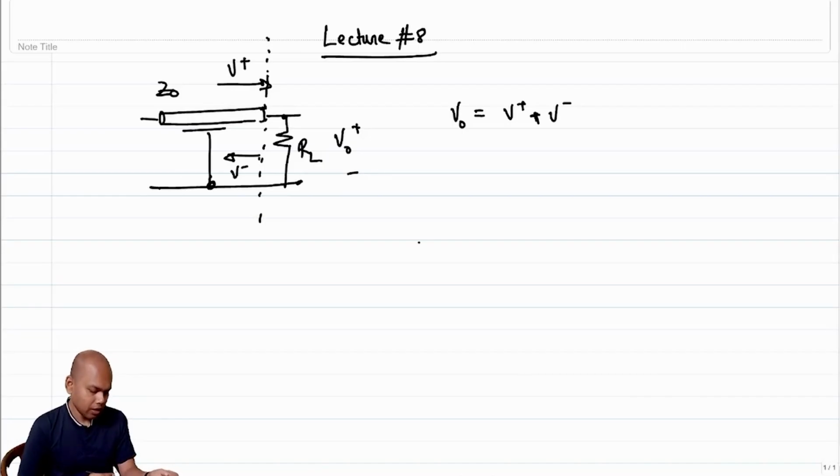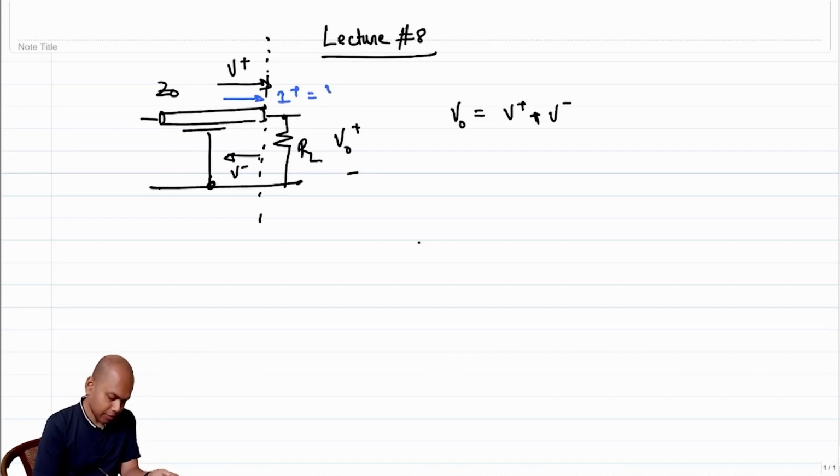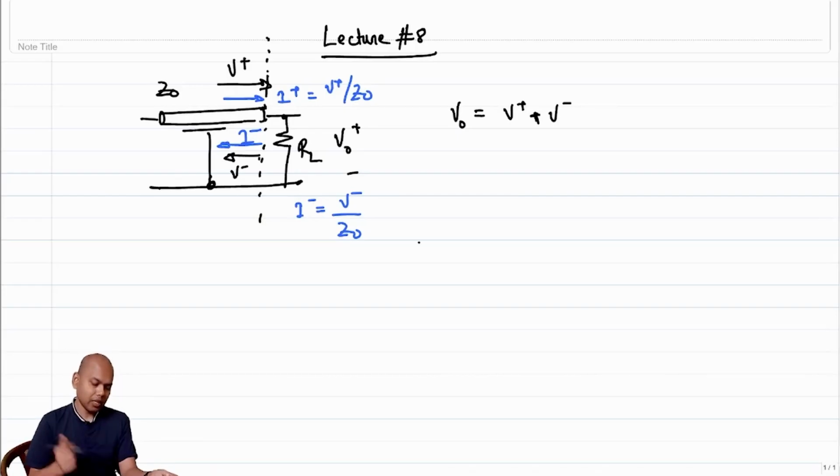What about the current? The forward going current I plus is V plus by Z naught, and I minus is V minus by Z naught. What is the net I going into the load?